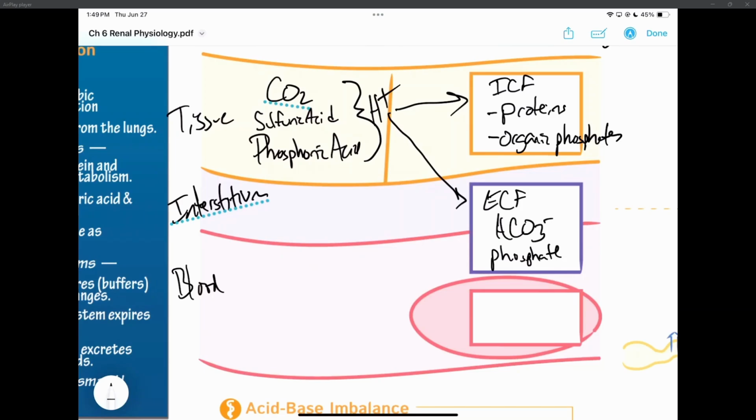Hemoglobin, in the red blood cell, will bind to a hydrogen ion. So the red blood cell itself can also do some buffering, but just know the biggest one is the bicarb. That's the buffer system that we have.